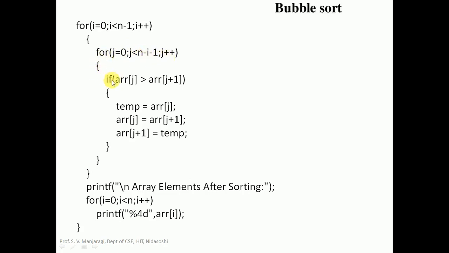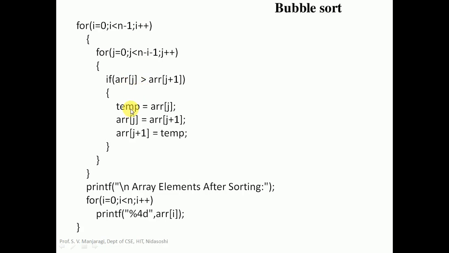In the inner for loop, we compare the neighboring or consecutive elements. That is, array of j is compared with array of j plus 1. If the first element, array of j, is greater than array of j plus 1, they are not in order. Actually, the first element should be smaller than the next element. If they are not in the expected order, then we need to swap. How will the swapping be done?